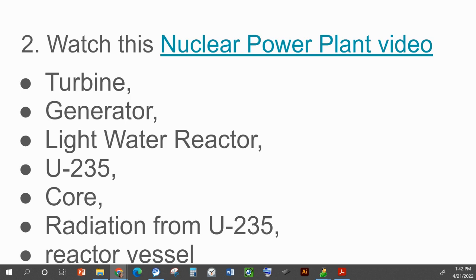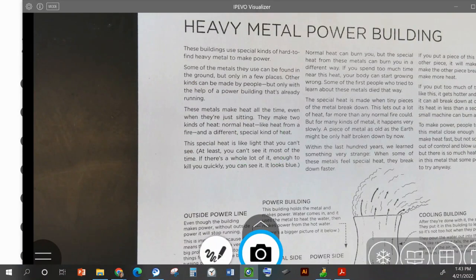Remember this number? Do you guys remember? This is called our mass number. This is our protons and our neutrons. Core, radiation, and the reactor vessel. So we're going to try to match these.